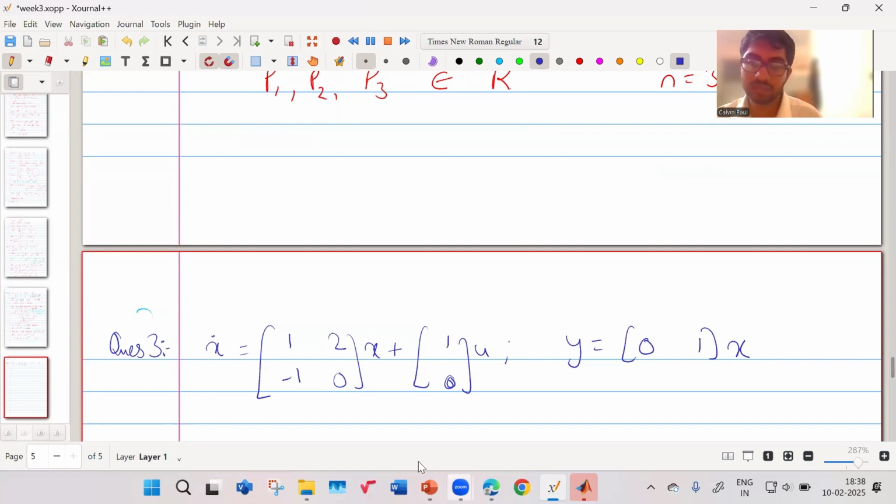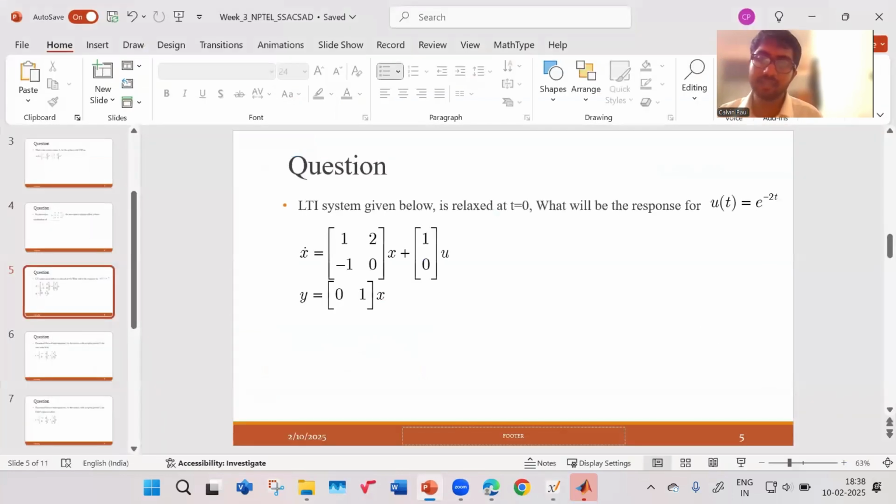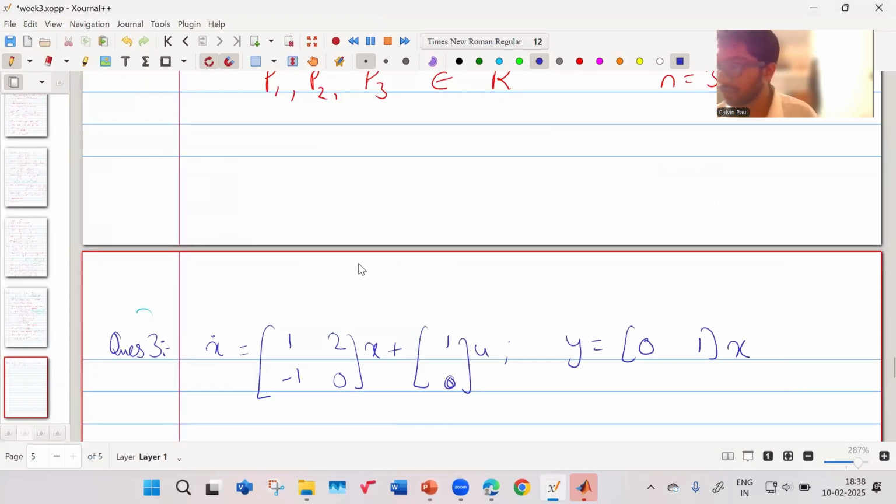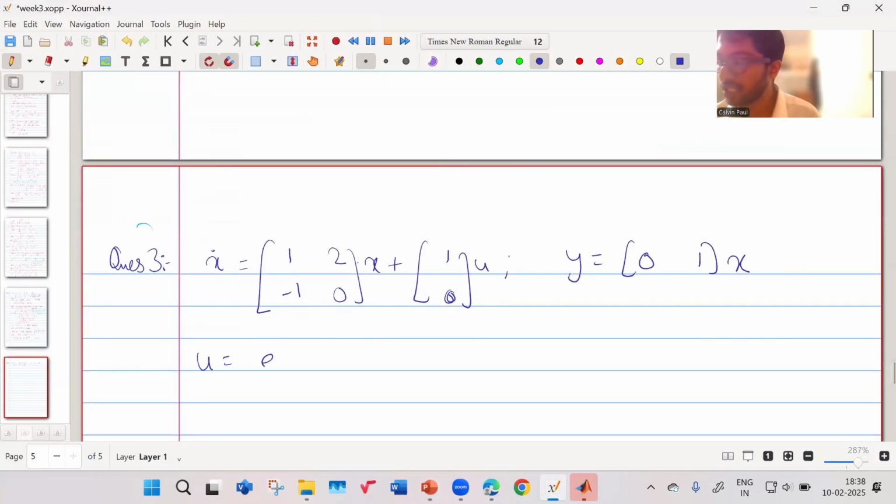So this is the system, and what they are saying is it is relaxed at t equal to 0. And your input u is e to the power minus 2t when t is greater than 0.